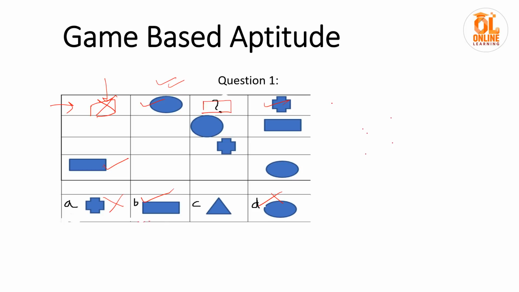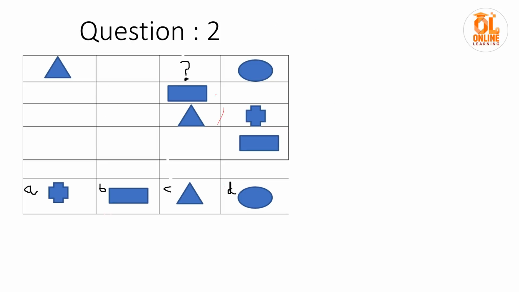Hope you have understood. Now let us move to the next question. In this question, we have to find which shape will be present in the question mark area. Now if you observe, in the same row, triangle is present and ellipse is present, so eliminate them.